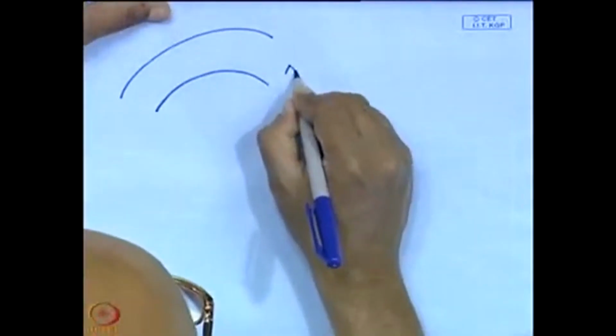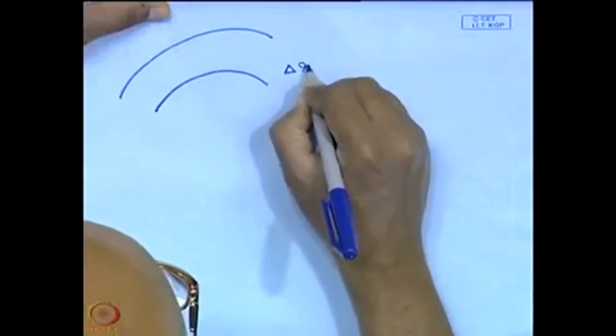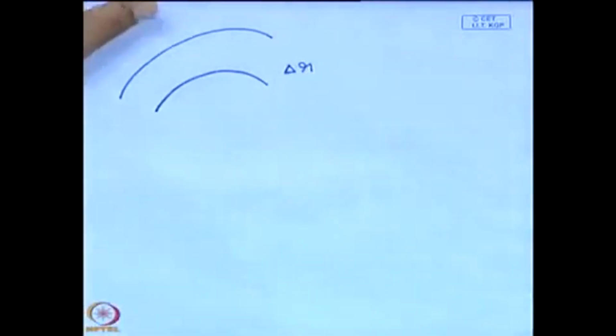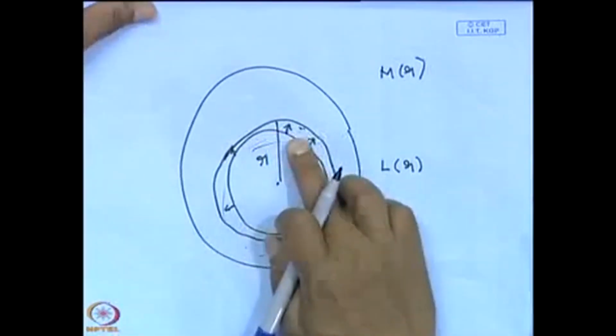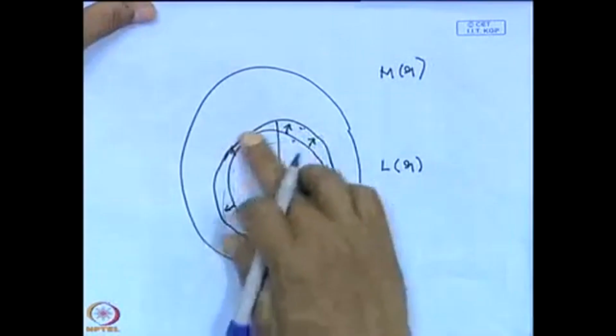So two different radii, a distance delta r apart, where delta r is the mean free path of the photon inside this.